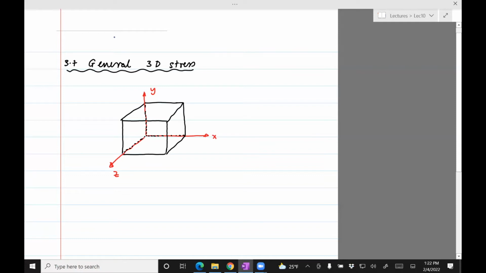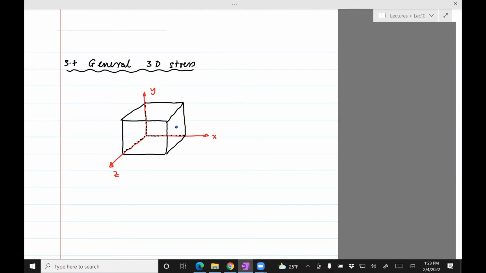Okay, so similar to 2D stress, we draw the stress at each of the planes. Since there are 6 faces to the cube, I'll draw it for 3 faces because those are unique, and then you can draw it for the other 3 by just taking the same thing and rotating it by 180 degrees.